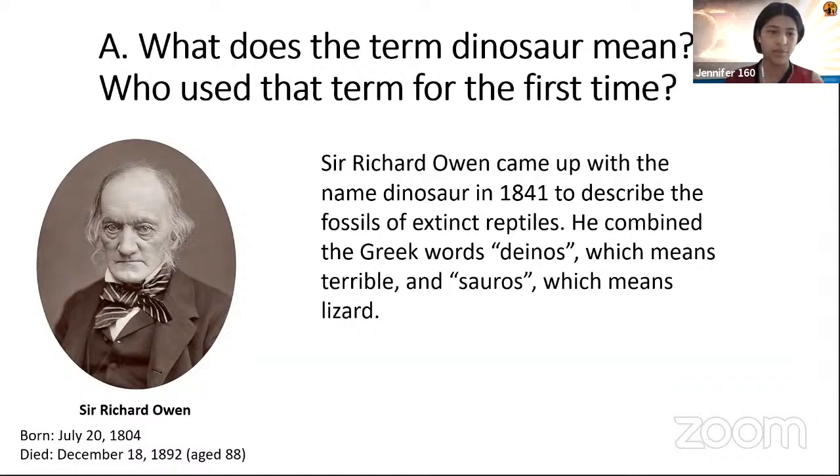Sir Richard Owen, the man in the picture, is a British anatomist and taxonomist who coined the term in the early 1840s after determining that a set of fossil bones that he studied, which included those of Iguanodon and Megalosaurus, were not lizards but included something uniquely different.